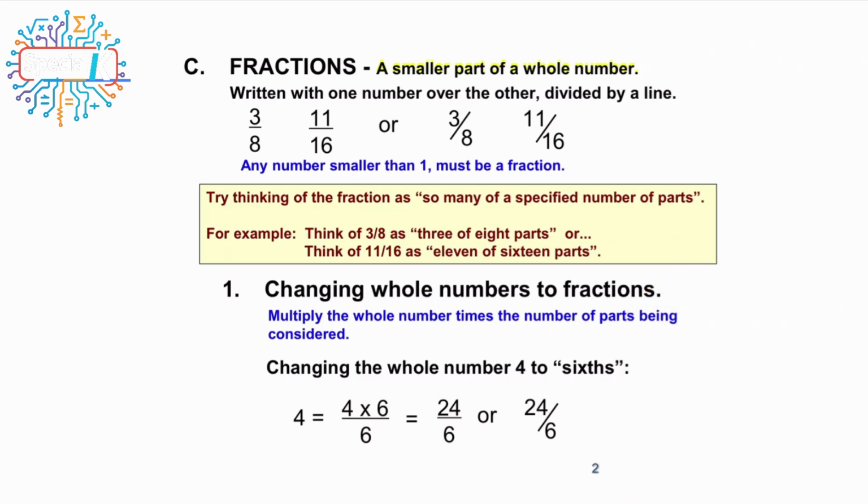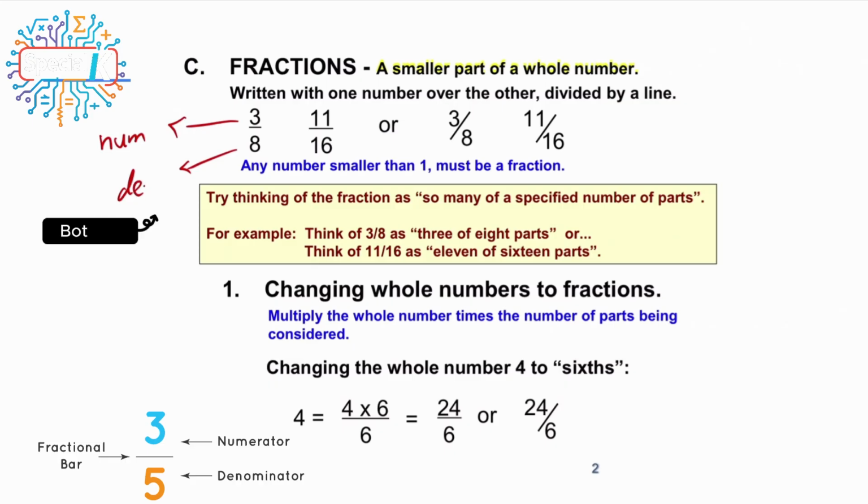If we divide that whole number into small chunks and only consider having a specific number of chunks, we are saying that we're using a fraction. So a fraction is a smaller part of the whole number, written with one number over another, which we call the number on the top the numerator and the one on the bottom the denominator.